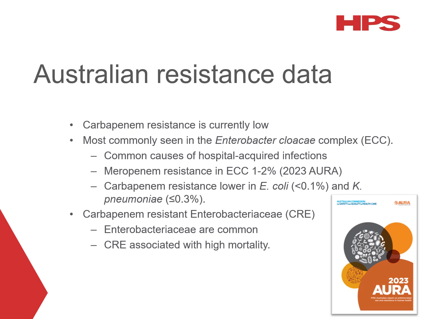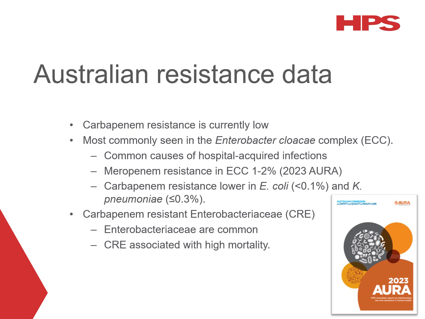So in the Australian setting, carbapenem resistance is currently quite low. It is most commonly seen in the Enterobacter cloacae complex, or ECC. And this is a group of 6 species of Enterobacter that are common causes of hospital-acquired infections such as pneumonia, UTI and sepsis.